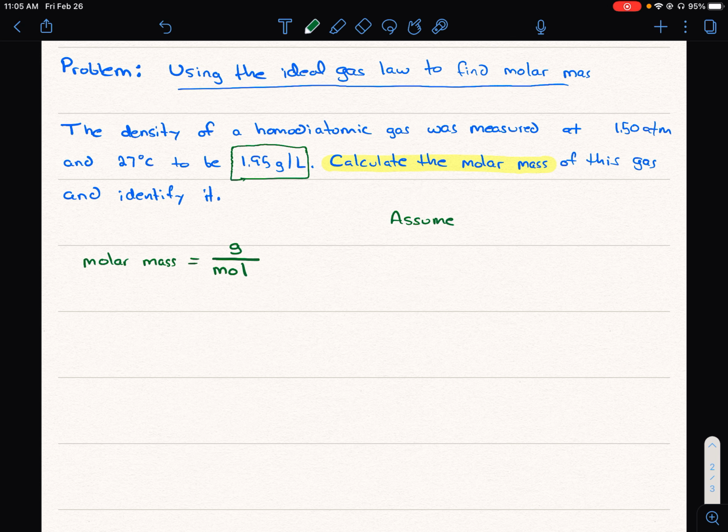And in this case, I'm going to try and make the math easier by saying, let's assume we have 1.0 liters of gas. Now, we might not have a liter, but it turns out not to matter because we know this density relationship. If this is true, then that means we have 1.95 grams of gas because we're told the density is 1.95 grams for every 1 liter.